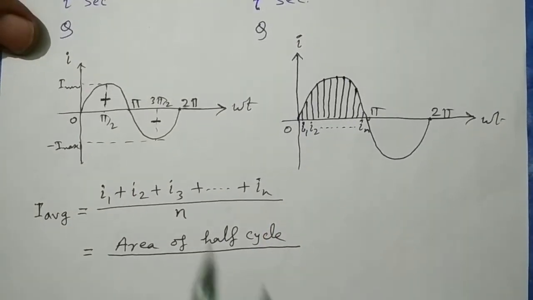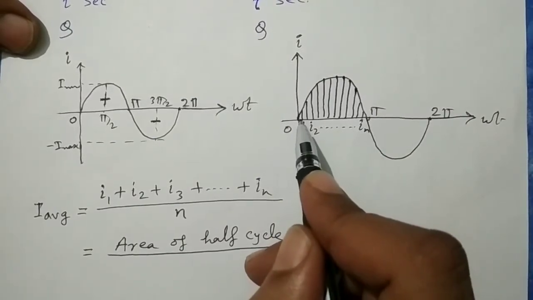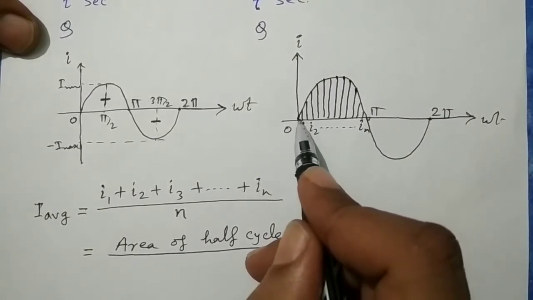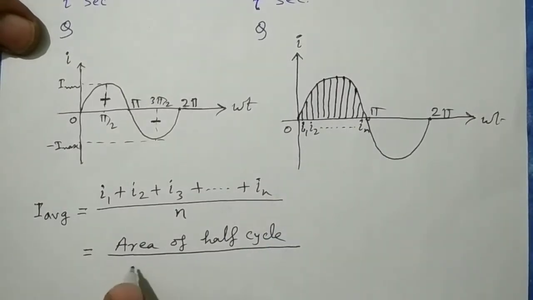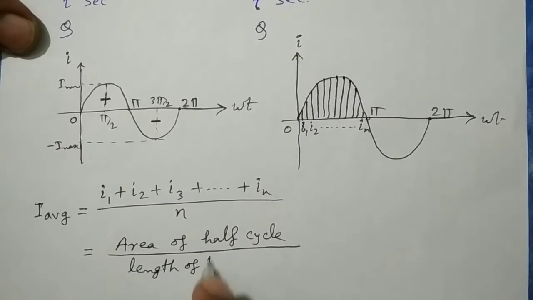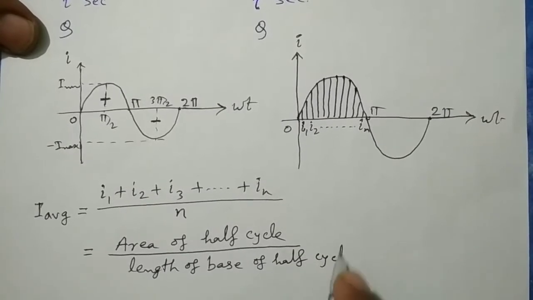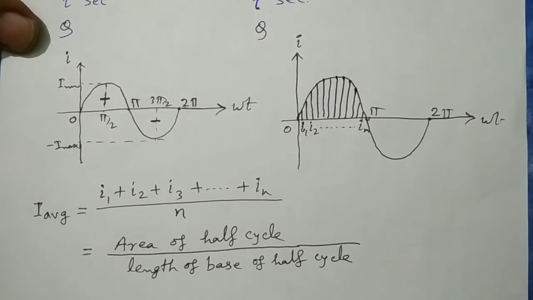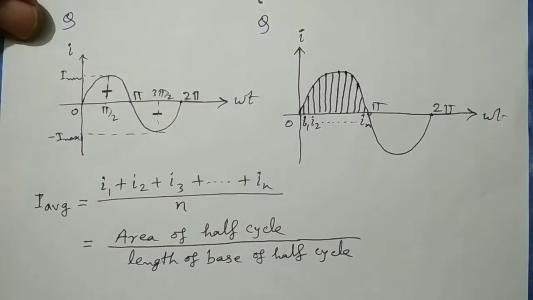And n is the number of segments, so it is nothing but the length of the base of the half cycle. So this is the concept to find the average value of a symmetrical waveform.